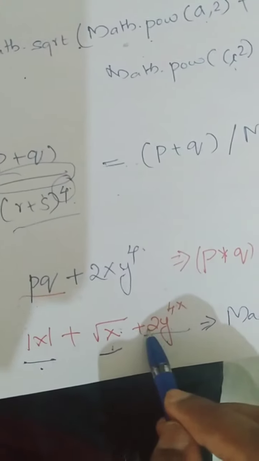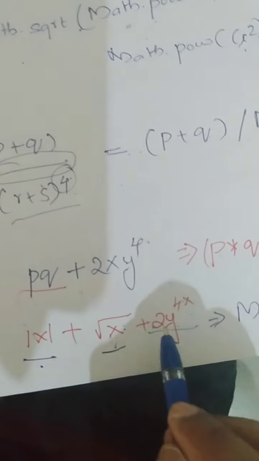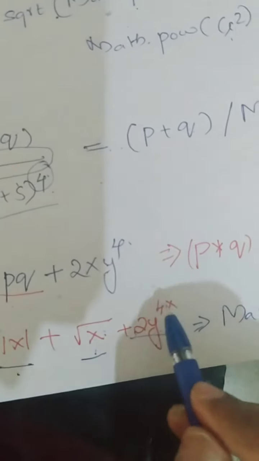It is not 2y whole raised to 4x. 2 is separate and y is raised to 4x. So for that you will write 2 * Math.pow(y, 4 * x).